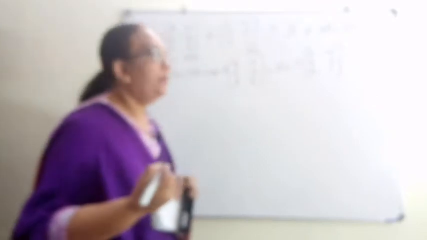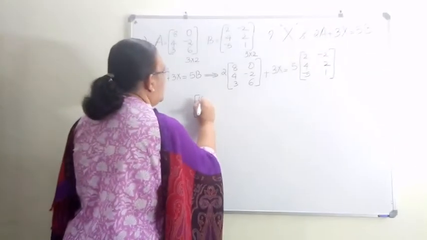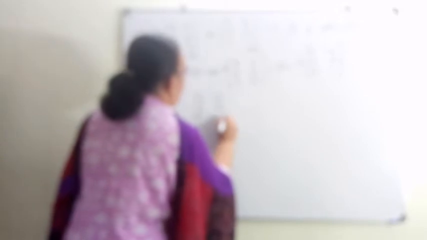Now you can do the scalar multiplication. That is 16, 0, 8, minus 4, 2 3s are 6, 2 6s are 12, plus 3X is equal to 10, minus 10, 20, 10, minus 25, 5. These two matrices are equal.